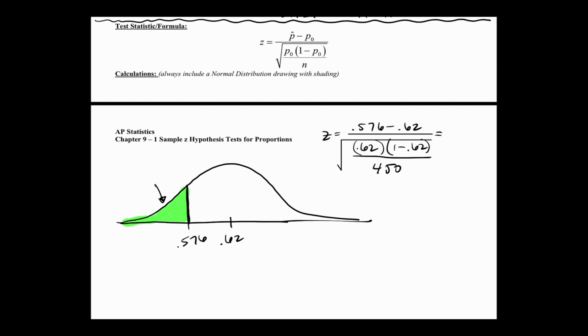Here we go. 0.576 minus 0.62, divided by... I got negative 1.92. That's what I got too. That's the z-score for this guy.